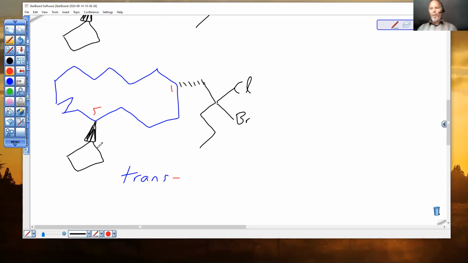That list will not grow. Okay, so B before C. Don't forget, you need parentheses for a group that has groups on it. This is carbon 2 of the group that has the groups on it. 2-bromo goes before chloro alphabetically.